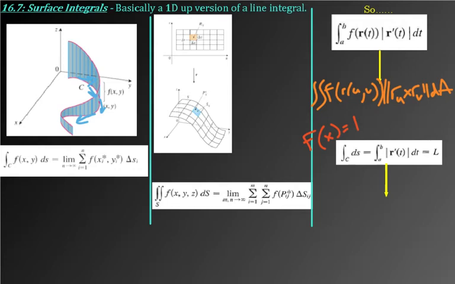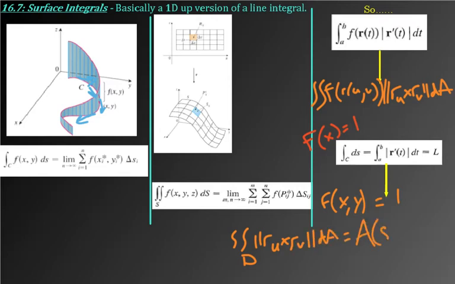And it turns out that this can also scale really nicely. If you just do where f of xy equals 1, so the surface is just a 1, then you're going to get the double integral over some region of magnitude r_u cross r_v dA, and that is just the surface area of the thing down here in the xy plane.